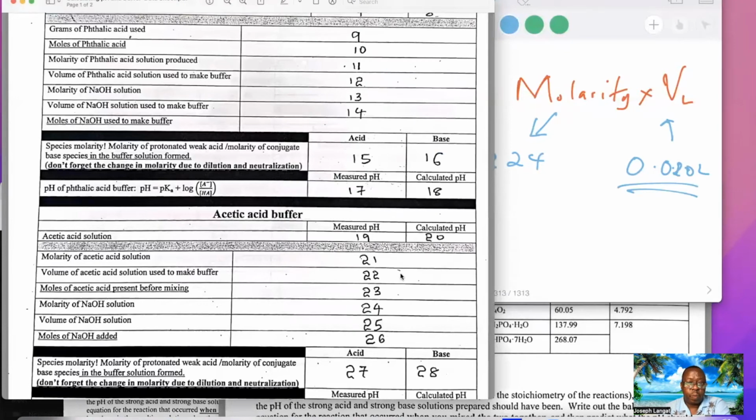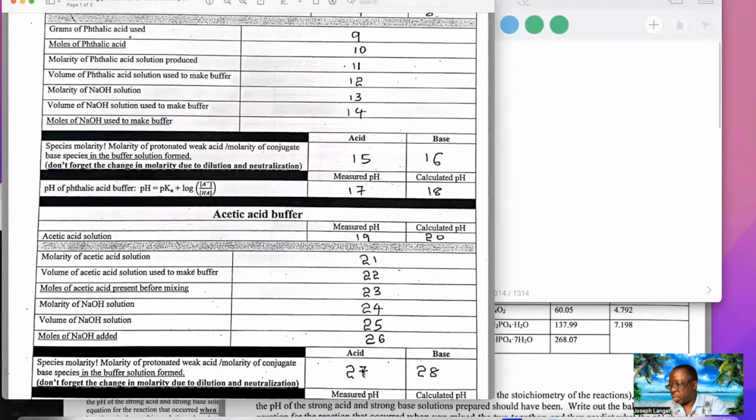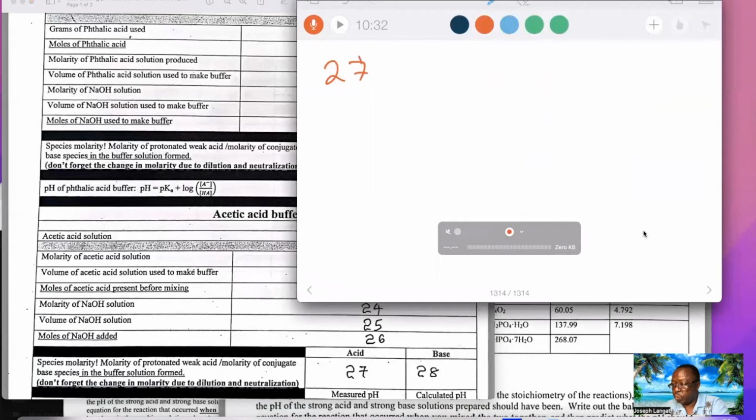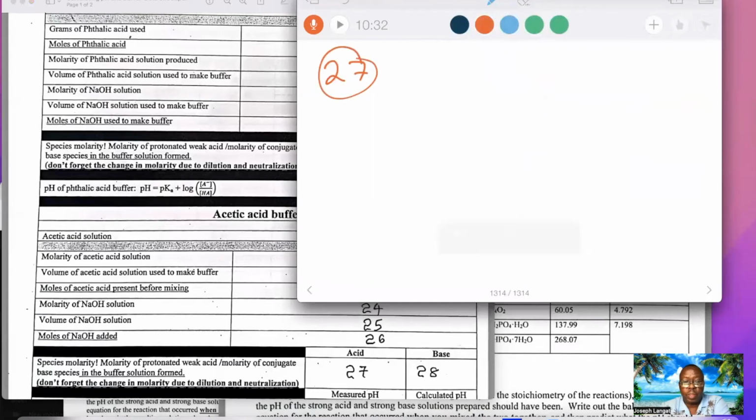Now, I've shown you how to calculate the pH of acetic acid. Line 27.